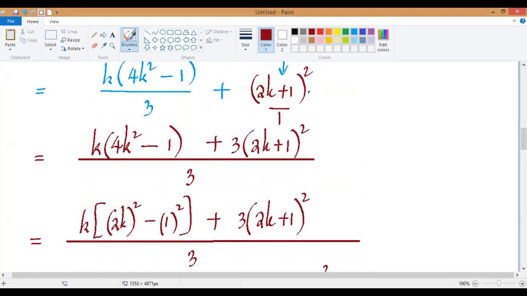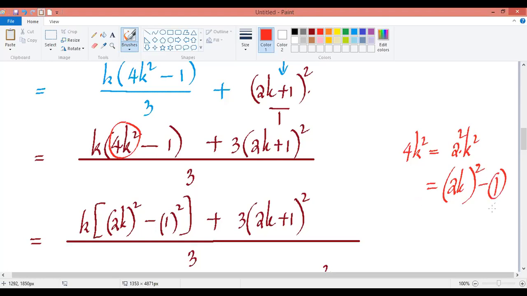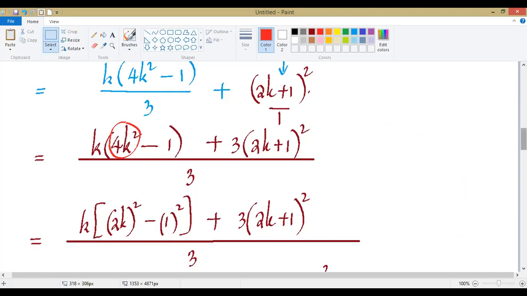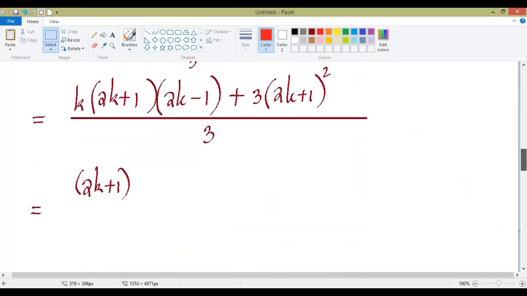Look at this 4k squared. 4k squared can be the same as 2 squared k squared, and that product can be put as 2k all squared. But taking off a 1, that 1 is the same as 1 squared. It doesn't change. Clear? Yes. Okay, that's how I come up with the difference of 2 squares to help me factorize.